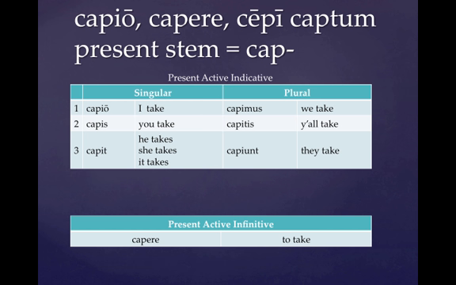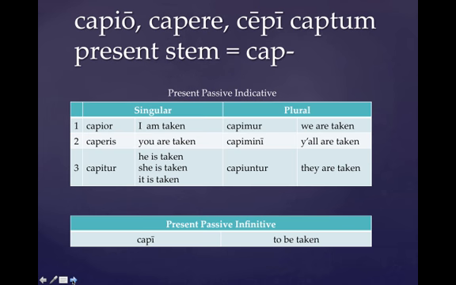I take you through the conjugation in the present active indicative, present active infinitive, present passive indicative and present passive infinitive. Capiō, capis, capit, capimus, capitis, capiunt. So I take, you take, he, she, it takes, we take, y'all take, they take. And then the second principal part, to take, is our present active infinitive.